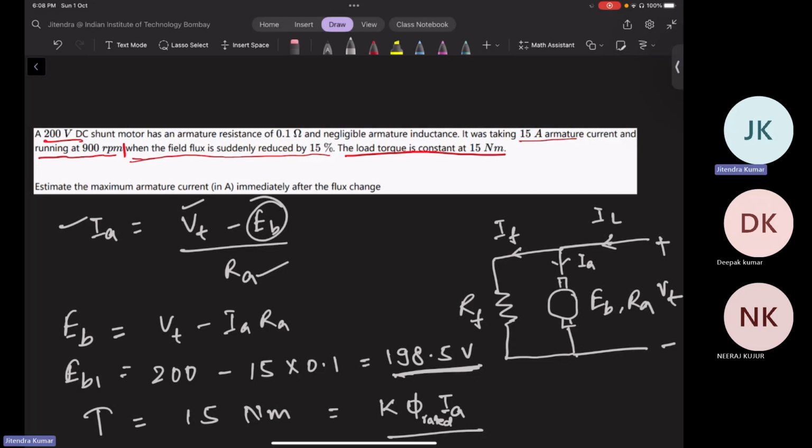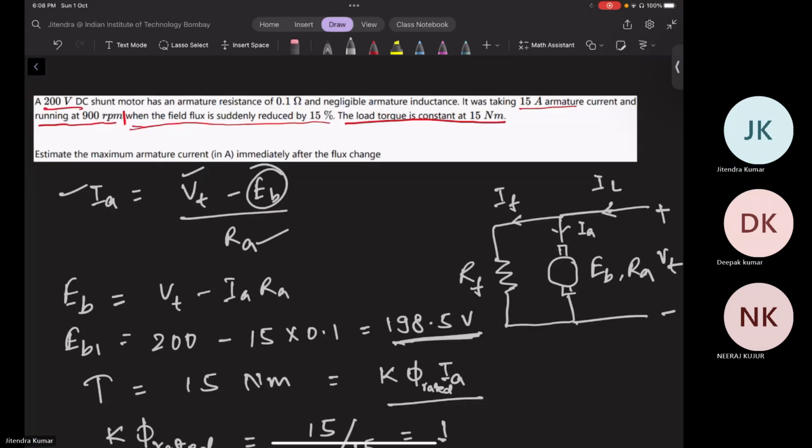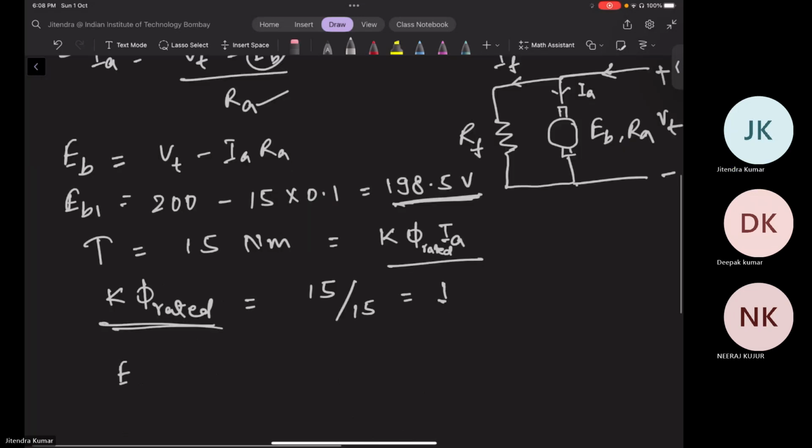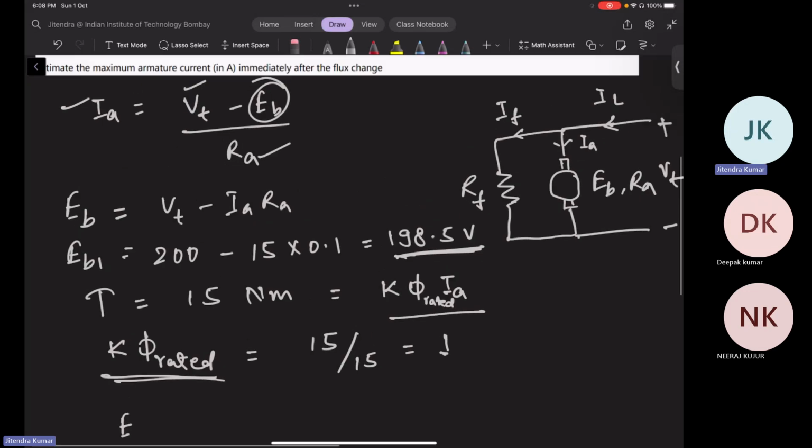But speed we are maintaining constant, and torque is also 15 Newton meter. Okay, so to cater the 15 Newton meter of torque, there will be huge current required.